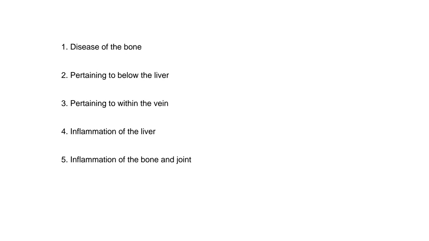So disease means pathy. And bone means osteo. And remember, these are word parts that I had given you before in chapter 1 so that you can start building words based on these definitions.